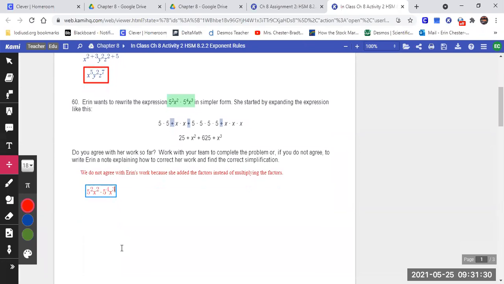Let's expand this the correct way. Show me what we would do with this first term. 5 to the 2nd power, x to the 2nd power, what would the parentheses look like? Expand it correctly. Just like we did on the table yesterday.